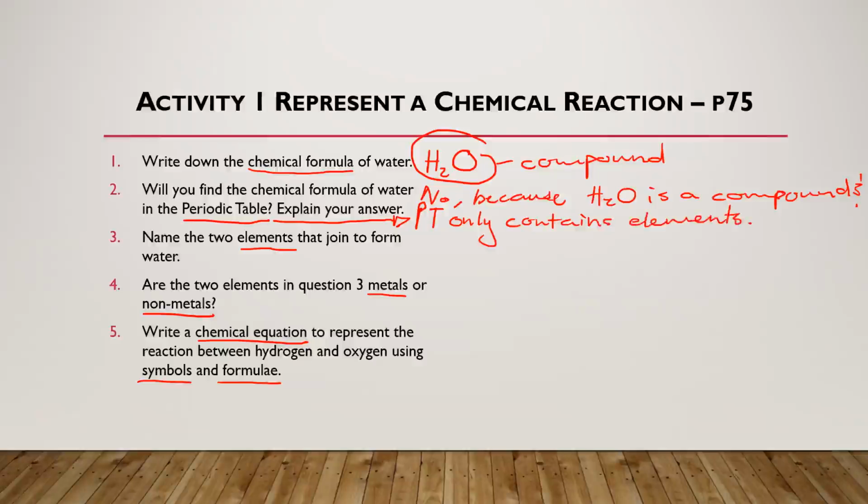And that's really easy. If you just remember the properties and the way in which the periodic table acts, then you will know that H2O is not in the periodic table, but only the H or only the O is in the periodic table. Really simple.